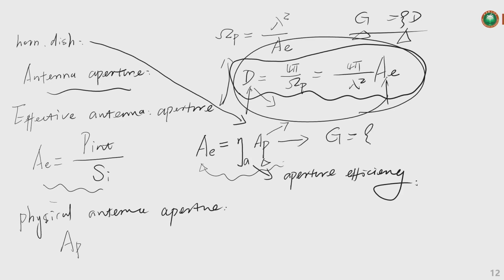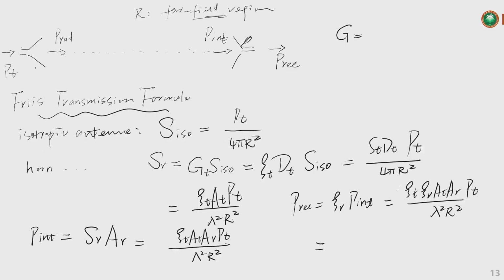Gain equals efficiency times directivity. Directivity is 4 pi A over lambda squared, right? For dish antennas, the aperture efficiency eta can be neglected, or it's a perfect antenna.